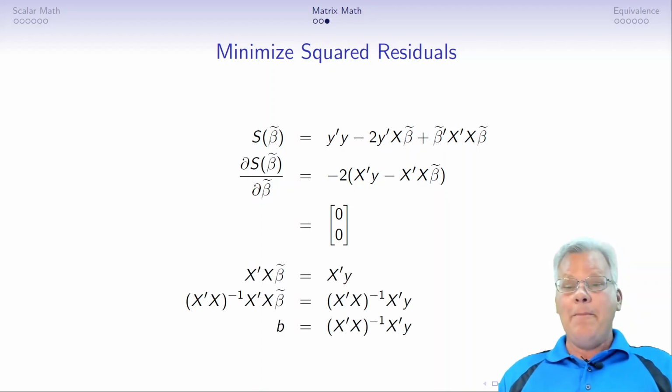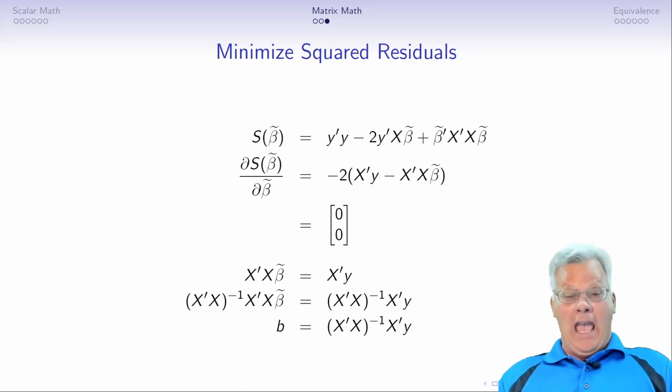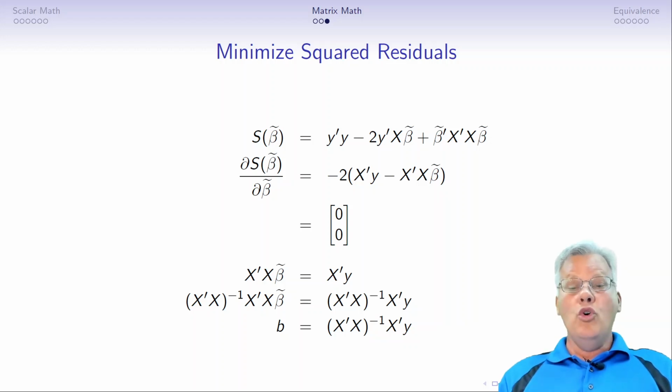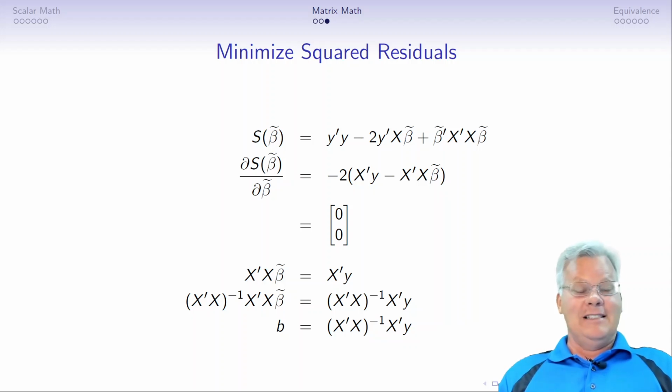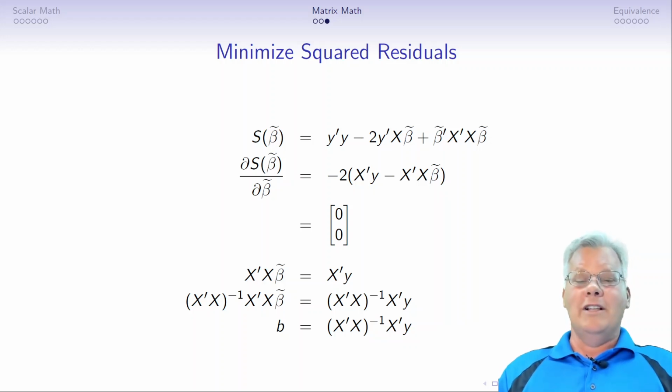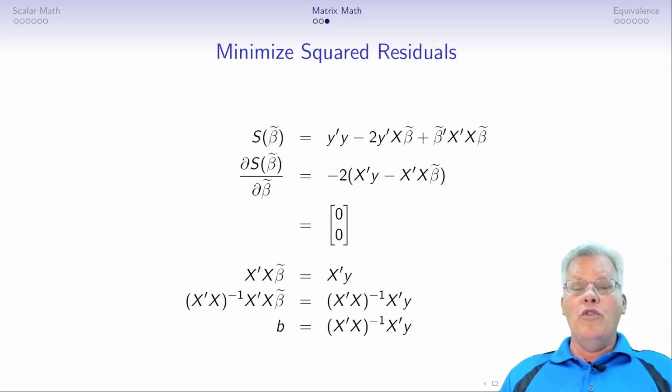So if I manipulate this, what I have is x prime x beta tilde must equal x prime y. And if I want to move x prime x from the left side of the equality to the right side, if these were scalars, we would divide by x prime x. But since x prime x is a matrix, not a 1 by 1 scalar, the way I would move it to the right-hand side is by pre-multiplying by its inverse.